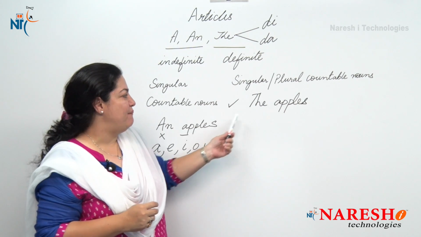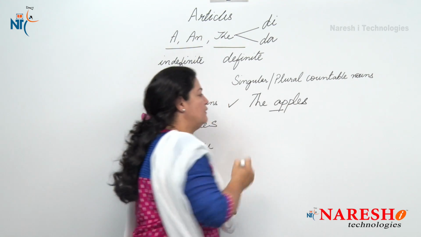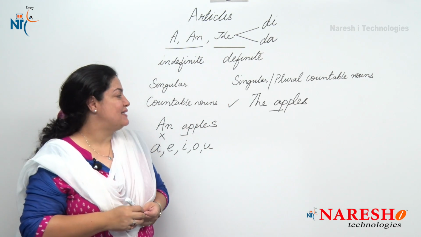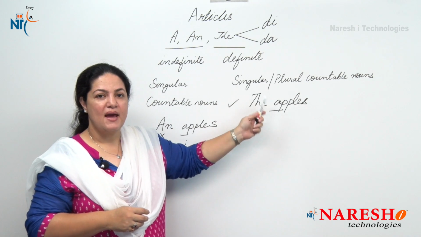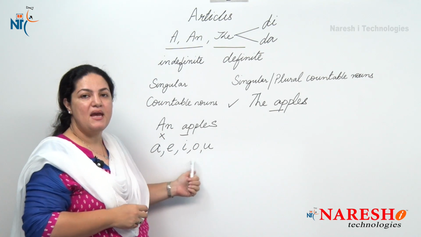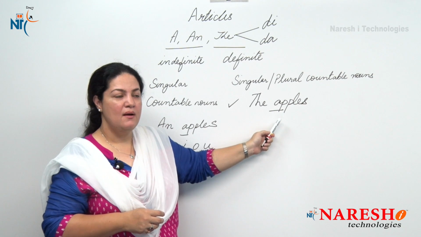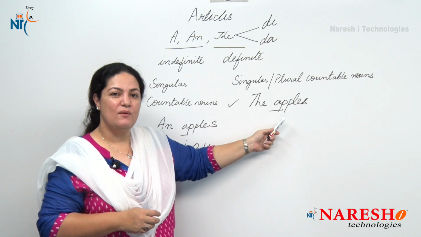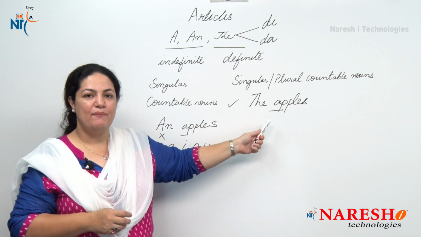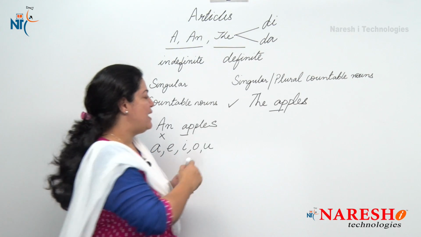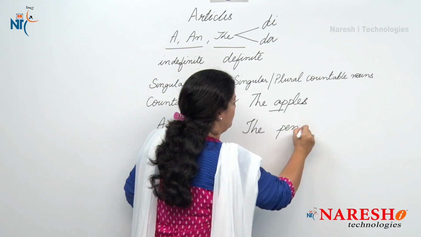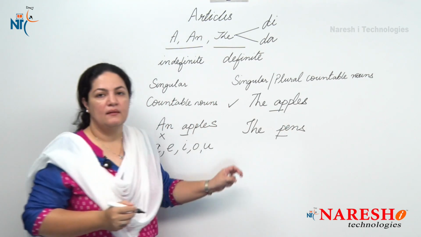A very simple example is, look at the word here. It's apples. It's starting with the letter A. A being a vowel from A, E, I, O, U. So if a word starts with a vowel or which has a vowel sound, then I can say the apples. Okay. The same case, I take another word, the pens.